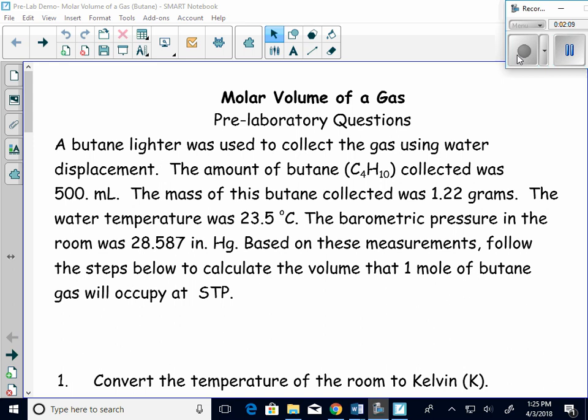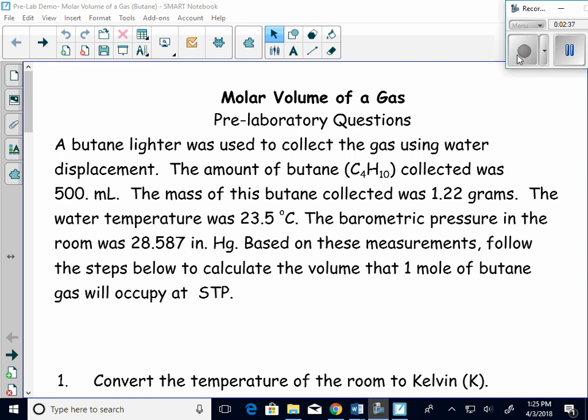The final thing down at the bottom is the combined gas law. Now it says P1 V1 over T1 is equal to P2 V2 over T2. Anything with the subscript 1 represents conditions that you measured during the experiment.